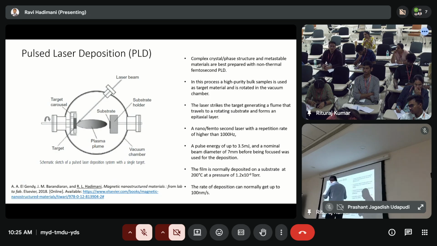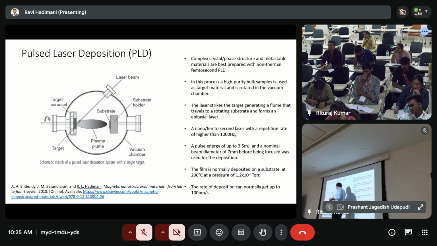Again, you have to maintain 10 to the power minus 6 torr vacuum. A laser goes through a glass window into the chamber and hits the target, and the target is what you want to deposit. It could be anything, a compound, an element, whatever it is.